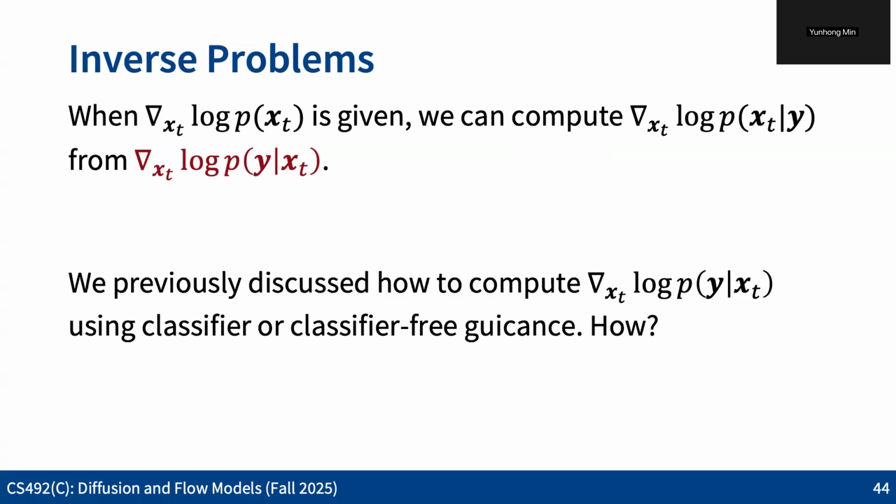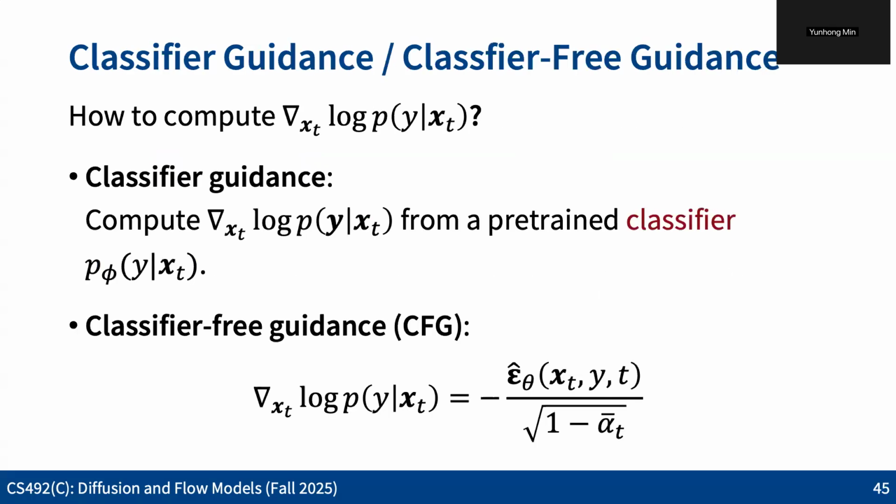In the case of classifier guidance, this likelihood score was computed from the pre-trained classifier. For classifier-free guidance, we jointly learned both the conditional and the unconditional scores using the same neural network, and the likelihood score was computed based on the noise that we are predicting.